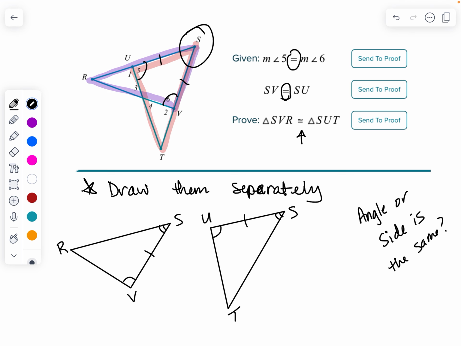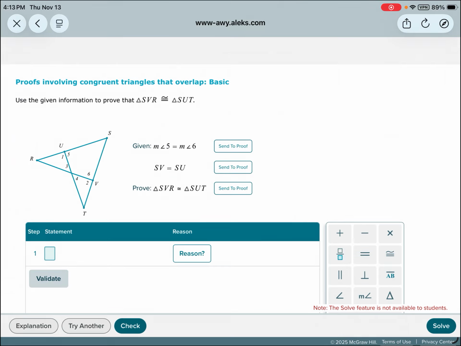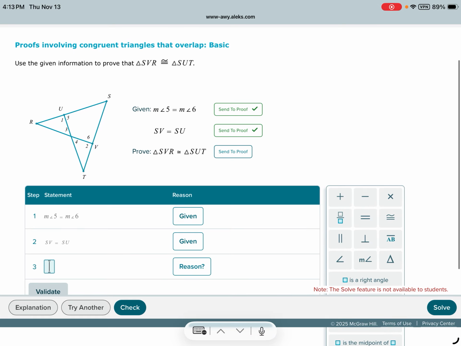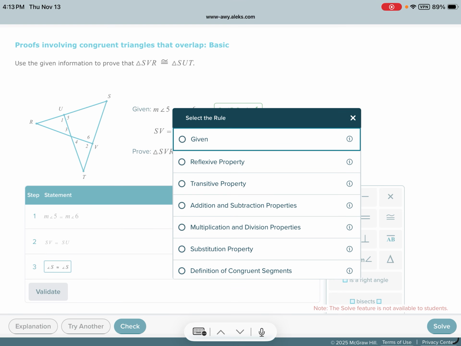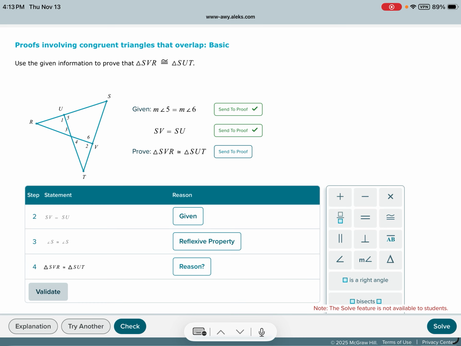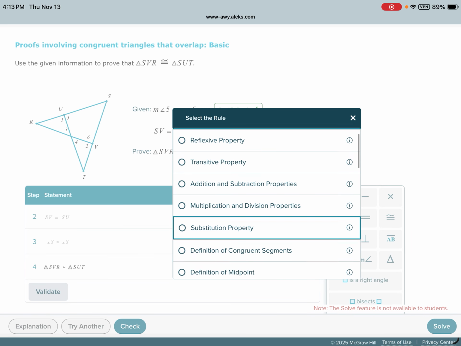And that's the only thing I need to write about. I need to tell my proof that angle S is the same in both triangles, and then I have side, angle, side congruence. So I'm going to go over here, send those two to proof, and say that angle S is congruent to angle S by reflexive, and that these are congruent by side, angle, side.